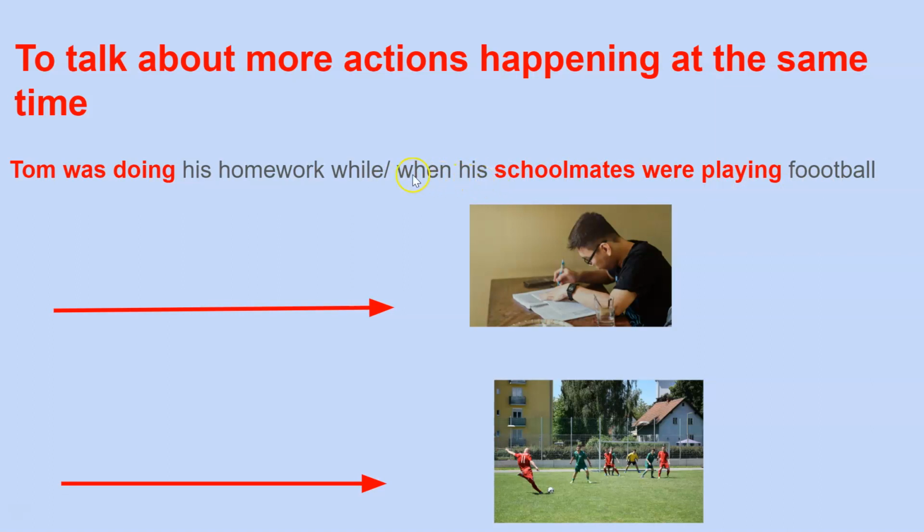Or I can also say, Tom was doing his homework and his schoolmates were playing football. We can talk about more actions: Tom was doing his homework, his schoolmates were playing football, Dad was watching TV, Mom was going shopping. It means that all these actions were happening at the same time.